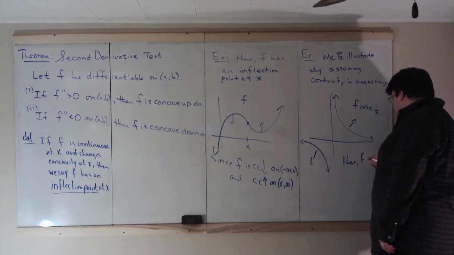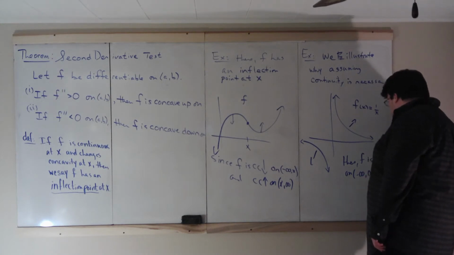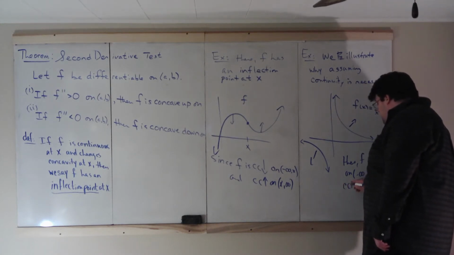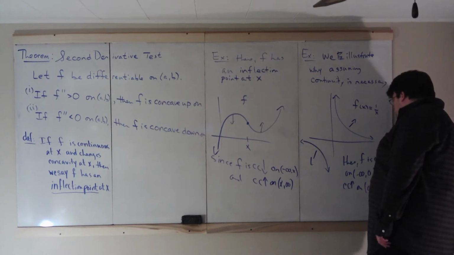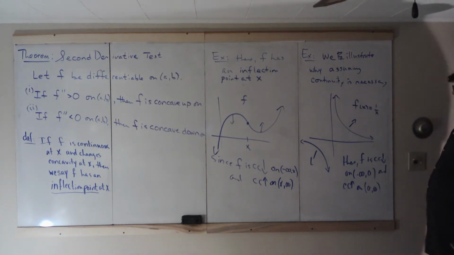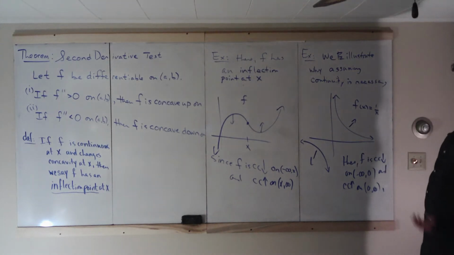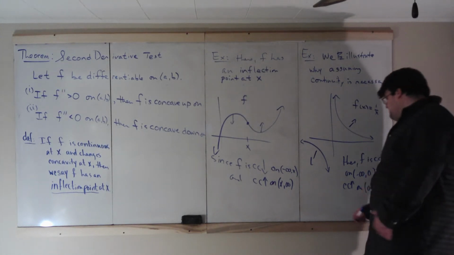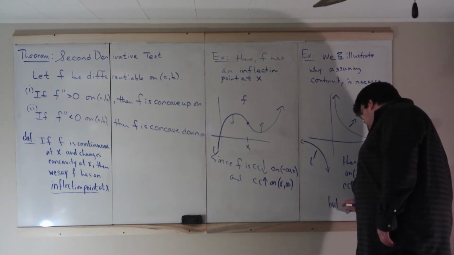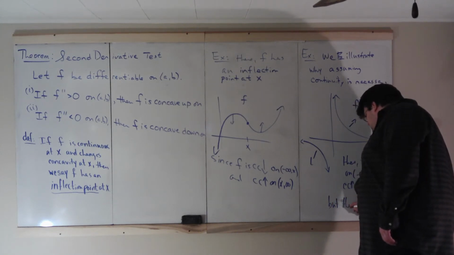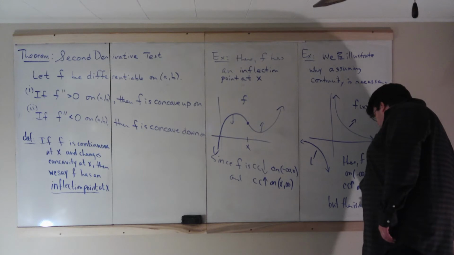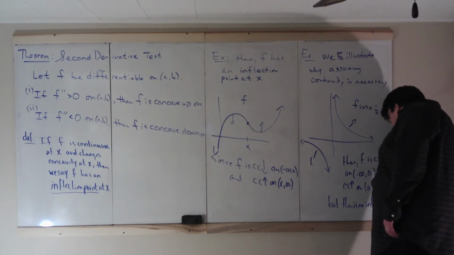Here, f is concave down on negative infinity up to but not including 0, and concave up on 0 to infinity. But we wouldn't want to say that it has an inflection point at 0. There is no inflection point at x equals 0.